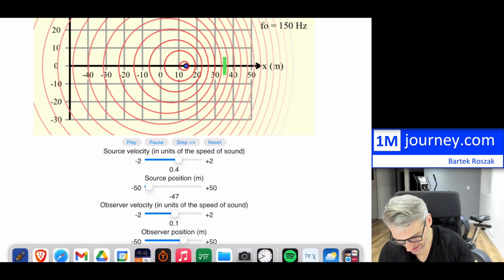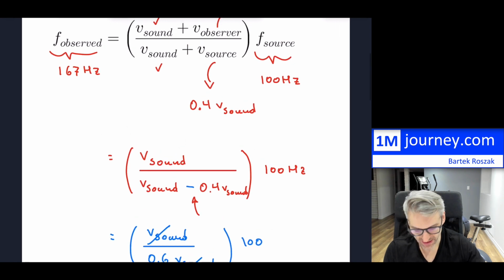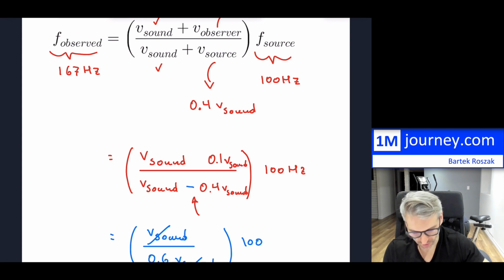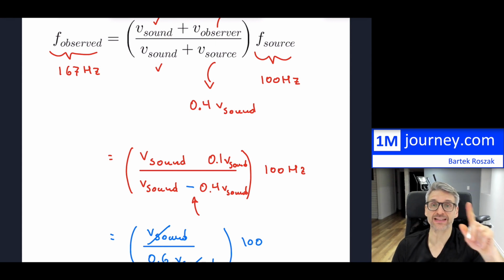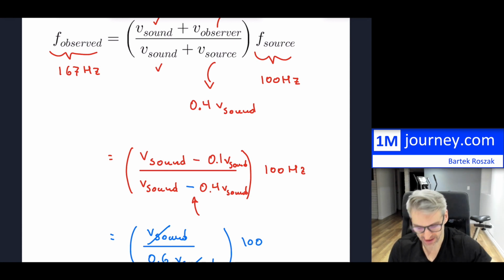So if I go back in here and plug this all in, the observer is now moving away from the source, at 0.1 of the speed of sound, V sound. And now the question is, is it going to be positive or negative? The observer is moving away from the source. If I put a positive, that would increase the overall fraction, so I actually have to put a negative in here.